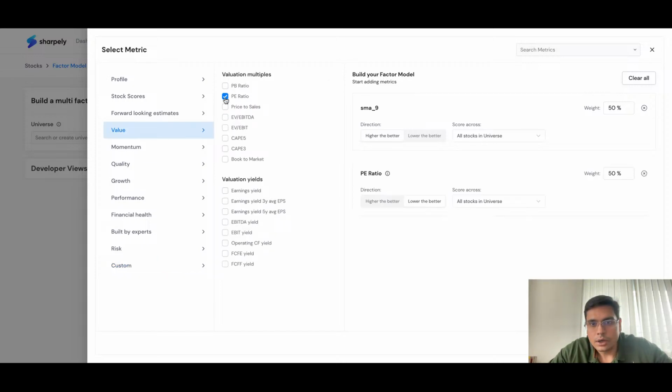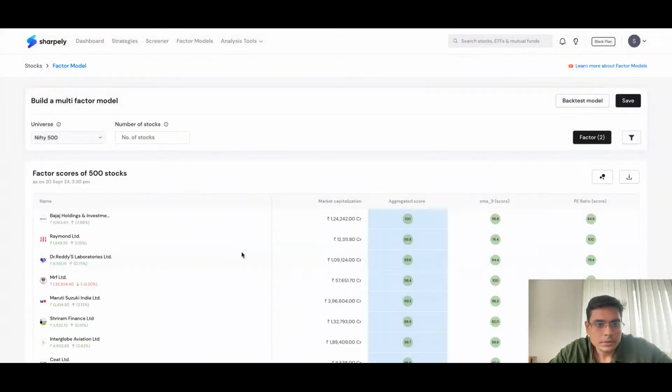Say I've already also added P ratio. So now it gives you complete flexibility to actually design your factor model.